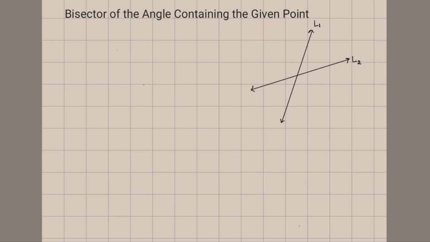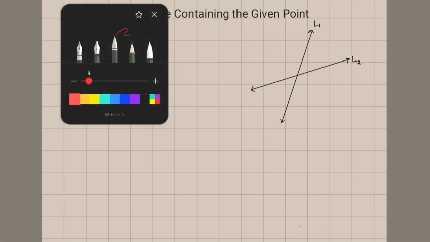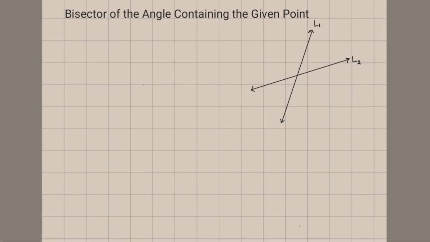Now, today, what we need to find is the bisector of the angle containing a given point. What it means is, let's say this angle is theta, which is the angle between L1 and L2, then this angle will be 180 minus theta.